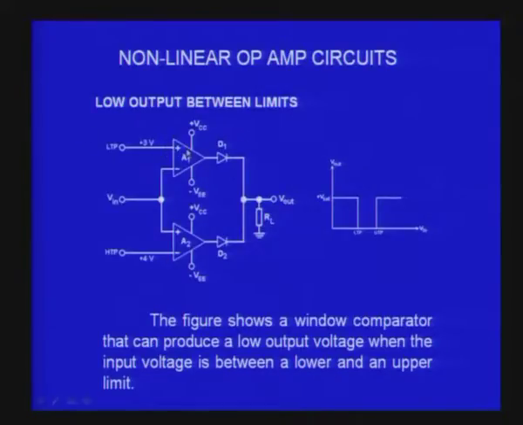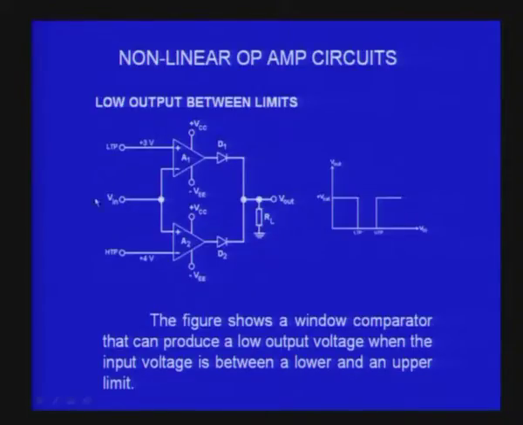For example, the A1 operational amplifier, which is at the top, has an LTP as one of the thresholds, while the A2, which is at the bottom, the second operational amplifier, which is here used as a comparator, has an HTP as one of the thresholds. The other free inputs of both the op amps are connected together, as you can see in the figure, and that is the point at which the input voltage can be given.